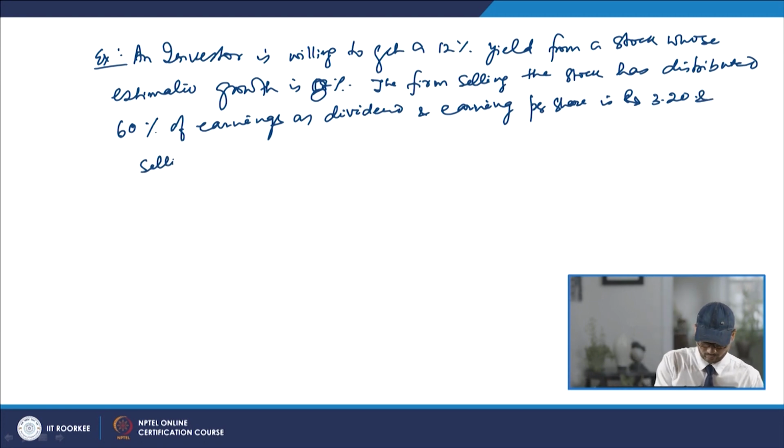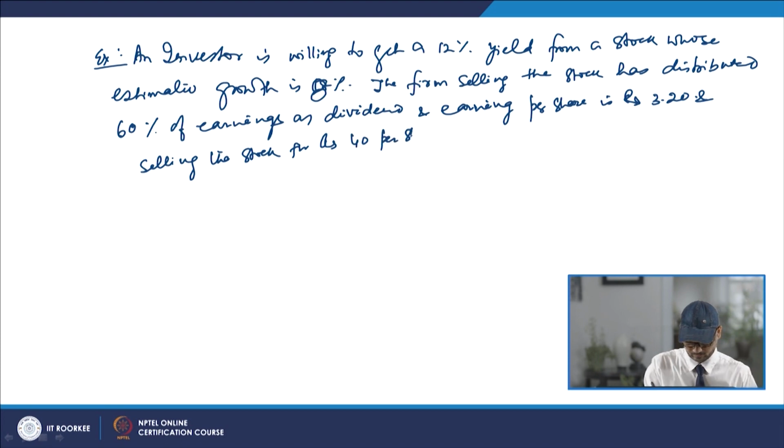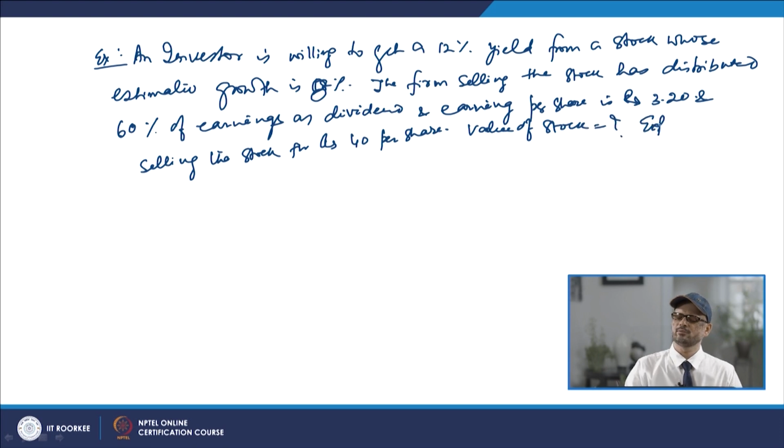The stock is selling for rupees 40 per share. So in that case you have to find the value of the stock and also the expected rate of return.